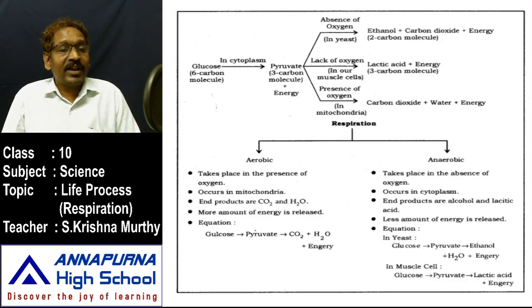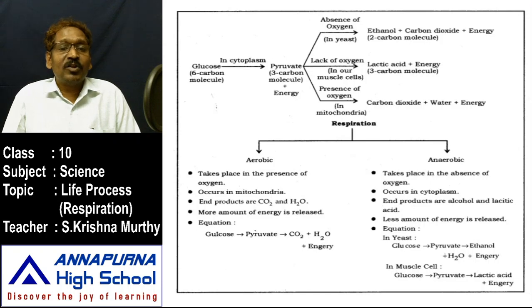When that oxygen acts on glucose, it is turned into pyruvate. Previously we learnt about that pyruvate. Again the pyruvate is digested at the cellular level, in the mitochondria, and releases some amount of energy.